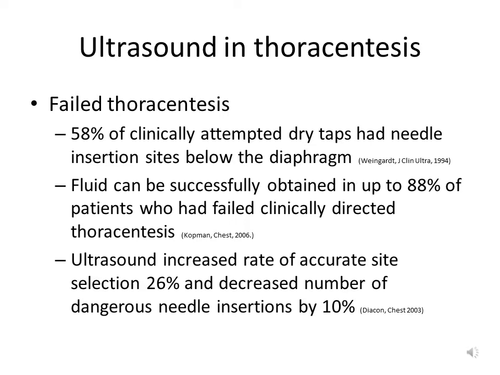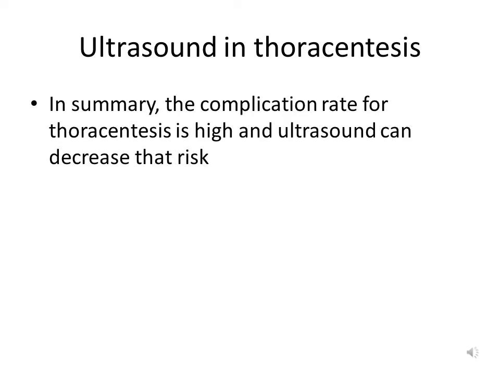And there have been several other papers, including this one from 2003, which showed that ultrasound increased the rate of accurate site selection and decreased the number of dangerous needle insertions. In summary, the complication rate for thoracentesis is fairly high, and ultrasound can decrease that rate.